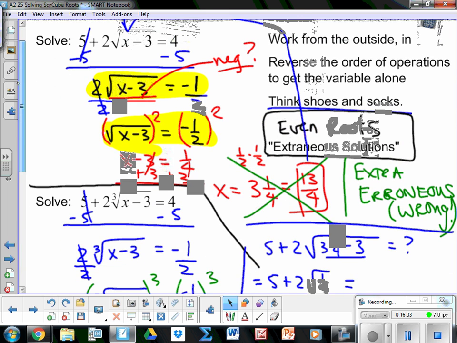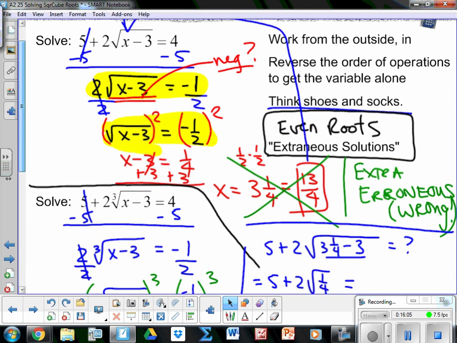You have to peel things off of the outside, working your way back to x. Just a word of warning about combining things that aren't like terms. Don't do that. So we peeled off the 5 by subtracting. We divided by 2. Anything on the outside of the square root, on the outside of the cube root. A lot of math teachers say isolate the square root, isolate the cube root. That works.